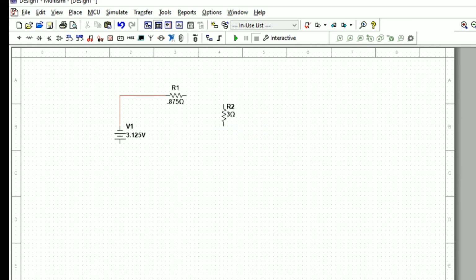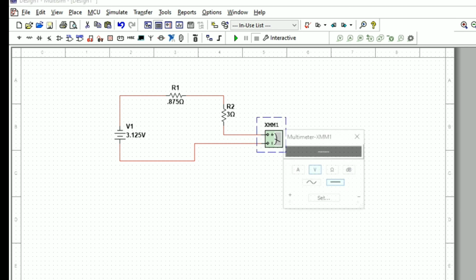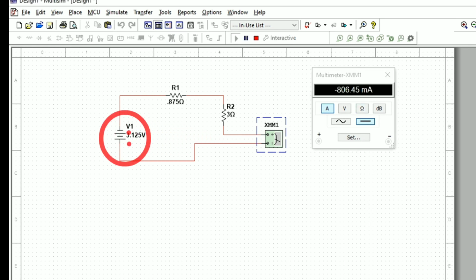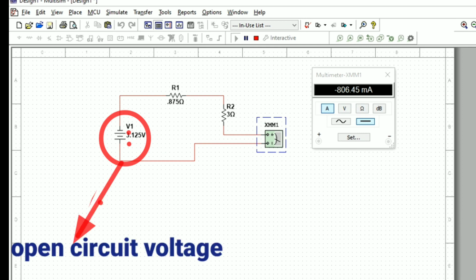So connect all the components. In addition to that, we will connect the ammeter to measure the current through this 3 ohm resistance. When we run the diagram, we measure the current through this 3 ohm resistance, which is minus 806.45 milliampere.